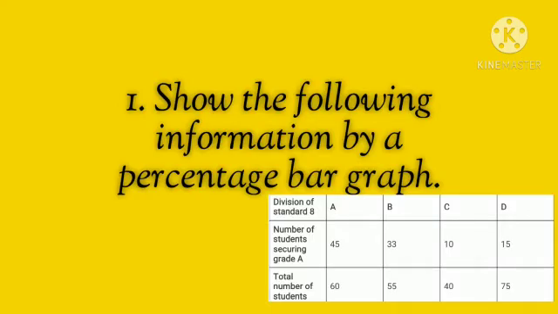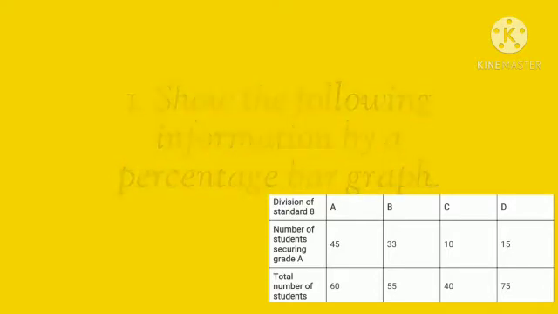First, show the following information by a percentage bar graph. In this, 4 divisions, division A, B, C and D of standard 8th are given. The number of students securing grade A in their respective division is given to us, and the total number of students in that division is known.